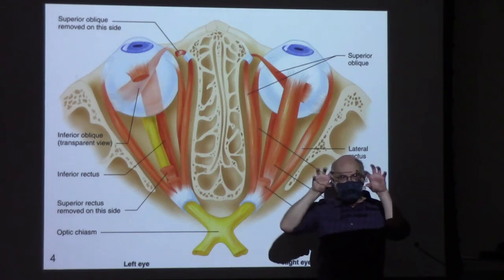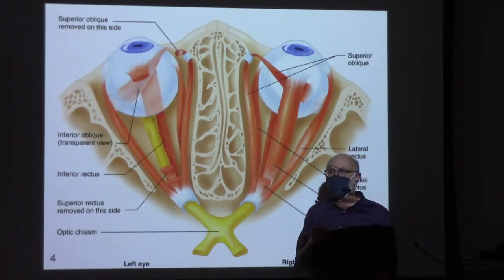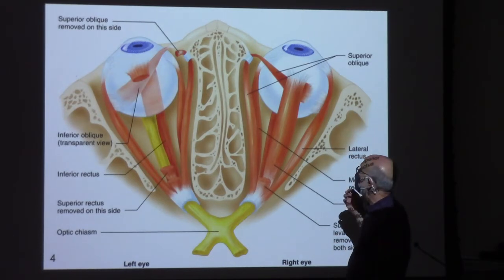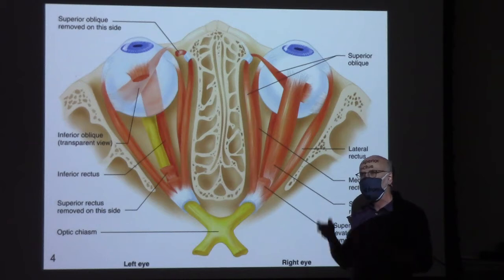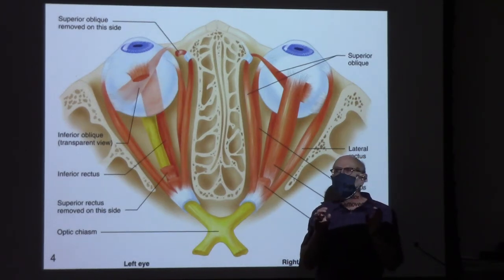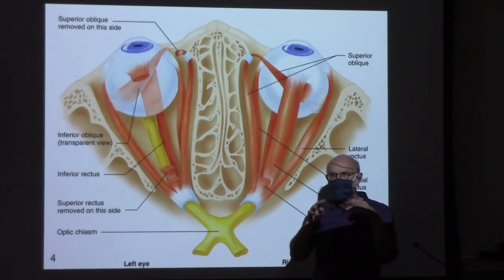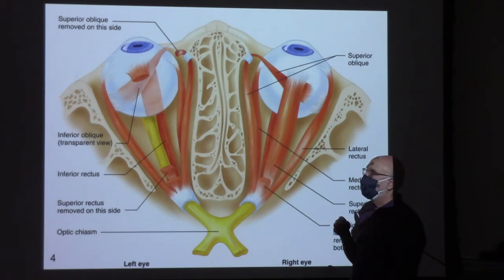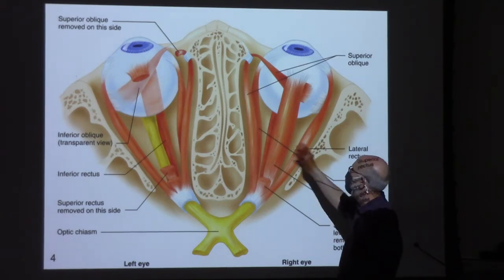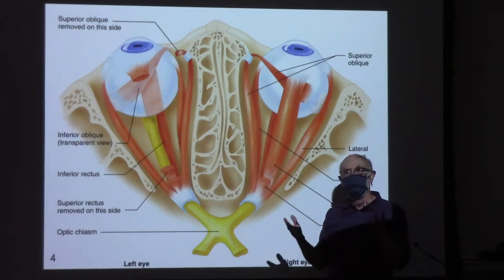We don't think of our eyes rotating very much, so they're less important. I want you to know the functions, I want you to know that they exist, and I want you to know that their function is rotation and tweaking of lateral movement, medial movement, superior and inferior movement. They tweak that. But the 4 rectus muscles do most of the heavy lifting. It's not very heavy, it's most of the work in moving the eyes.